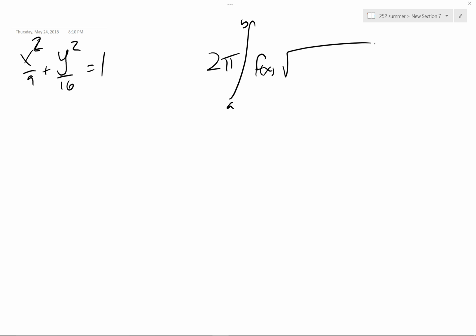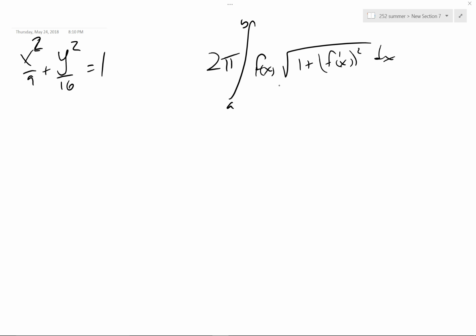Someone might well want to know how I would find the surface area of something like this: x squared over 9 plus y squared over 16 is equal to 1. Now think about that. I need 2 pi from a to b, whatever that is, and then I need a function of x or a function of y, one or the other, then 1 plus f prime of x squared dx.